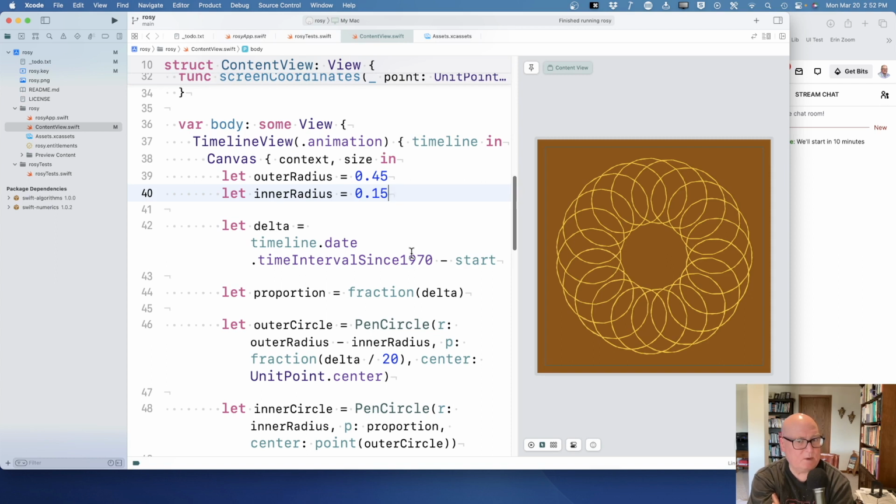once you've done it once, you really don't need to do it anymore. And that's really a function of that delta divided by 20. So kind of 20 steps.